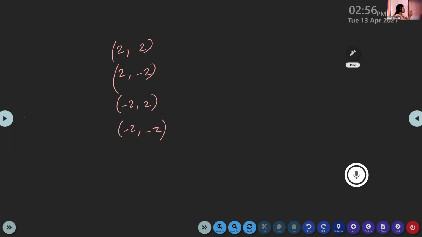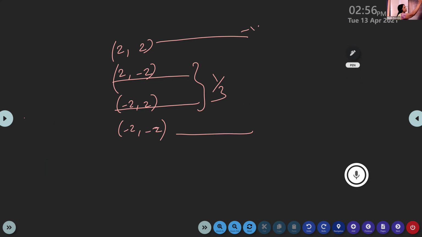But at these 2 points, we got the slope as 1 by 3. At these 2 points only, we are getting the slope as minus 1 by 3. So we are going to find out the equation at these 2 points.